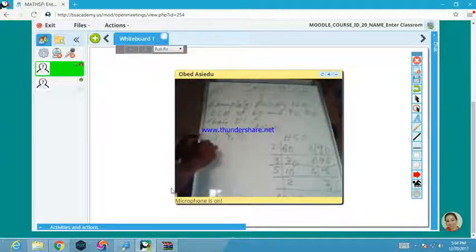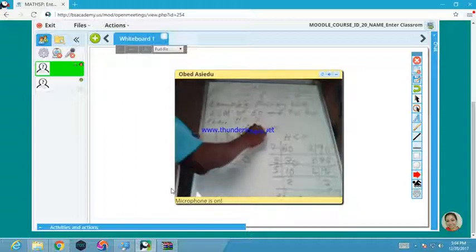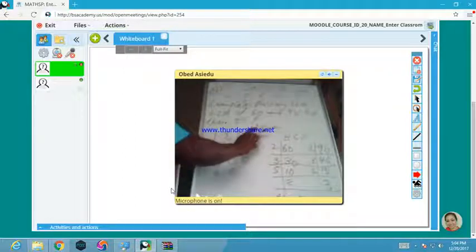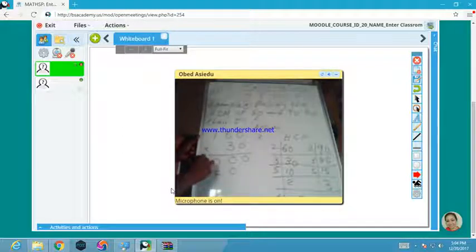180 times 30. Using our long multiplication method, 0 times 0 equals 0, 0 times 8 equals 0, 0 times 1 equals 0. 3 times 0 equals 0, 3 times 8 equals 24, put down 4, carry 2. 3 times 1 equals 3 plus 2 equals 5.